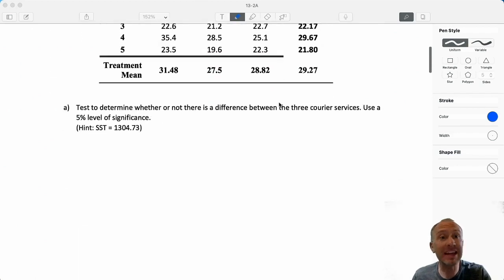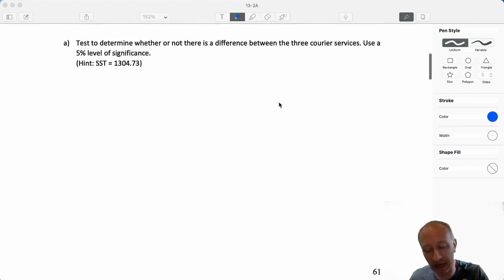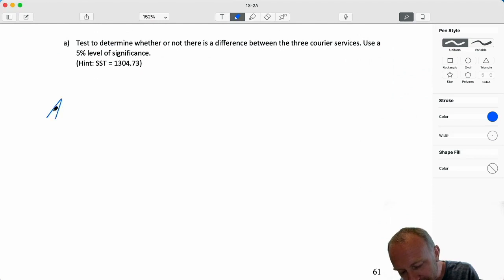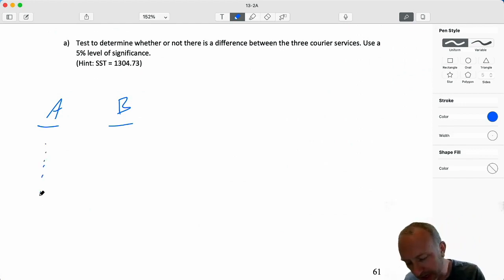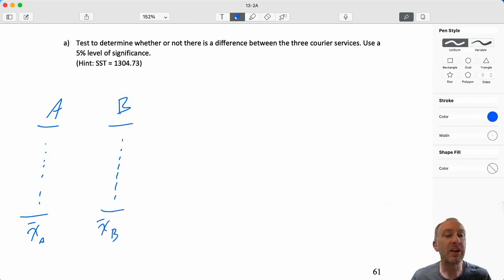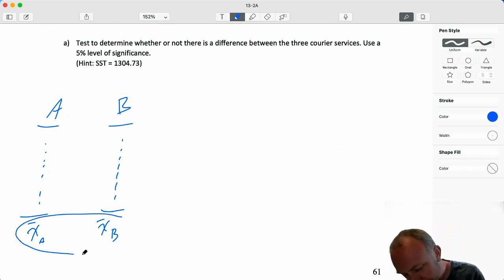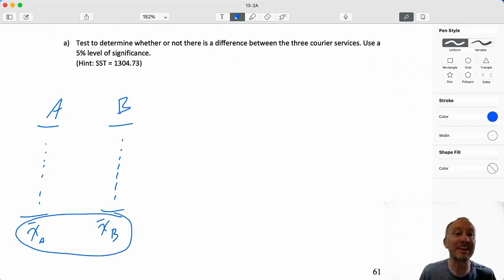You may recall, in that exercise, we had 2 samples, A and B, with so many observations in each, and we had sample mean A and sample mean B, and then we performed a test to see if we had evidence of a statistically significant difference between those 2 samples.